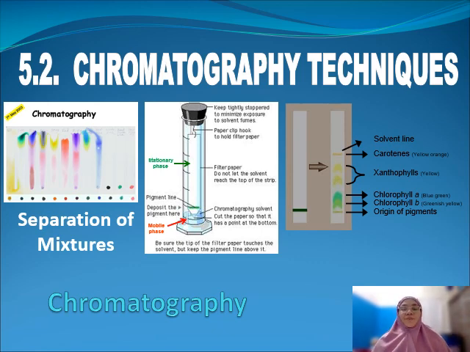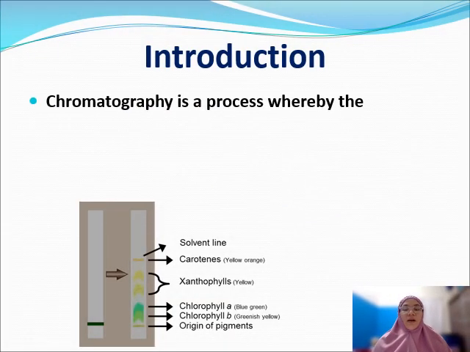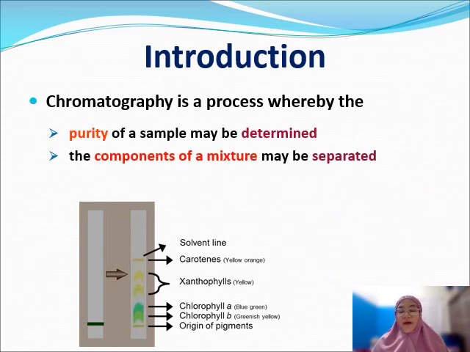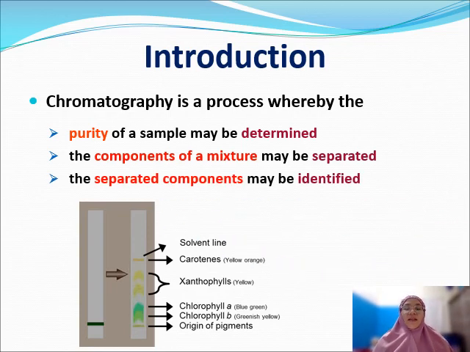Okay, so in the chromatography technique, okay, dia nak purify our samples, kita nak separate the components of mixture inside the extract, okay, and then we will identify the components lah. So this is an example of using chromatography paper. Okay, kita letak sampel kita dekat origin of pigments, letak the extract dekat bahagian line yang pertama.